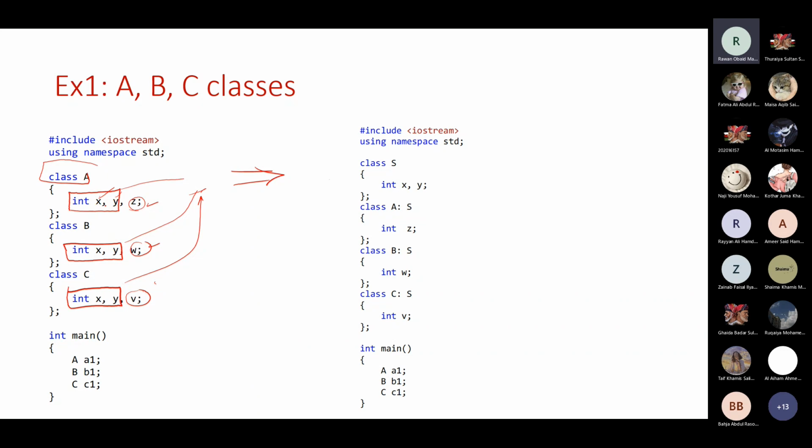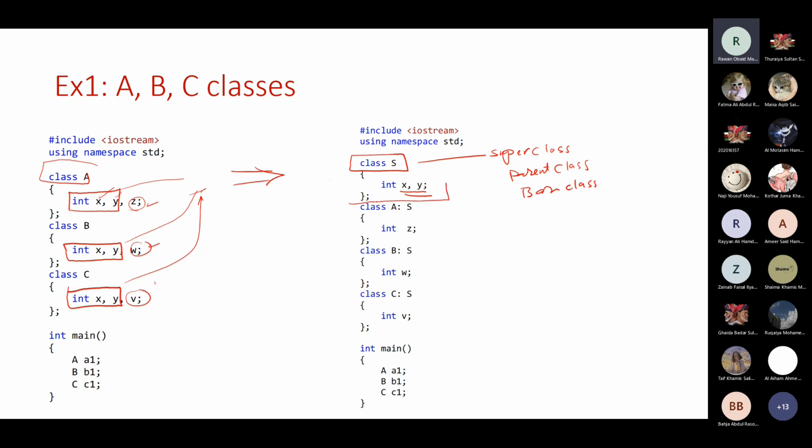So I'll take x, y, and put them in class S, which is called superclass or parent class or base class. In all cases it's the same meaning. I'll put the common members there. Now I have this class S, which includes the things in common.